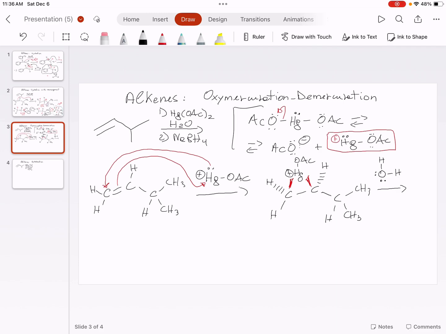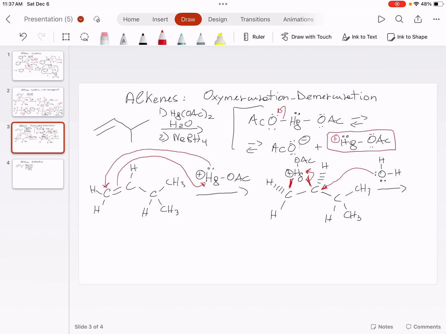So the water now comes in and is going to open up this 3-member ring. It is very important to understand that the water, or the nucleophile in general, is going to attack the carbon that is more branched. And the bond between that carbon and mercury is going to break.